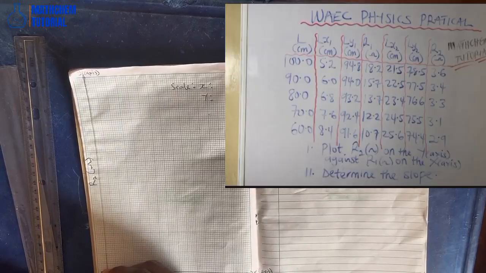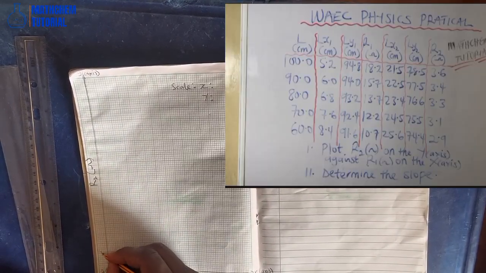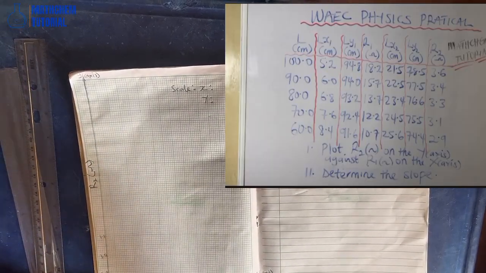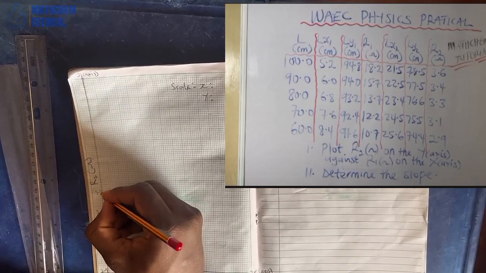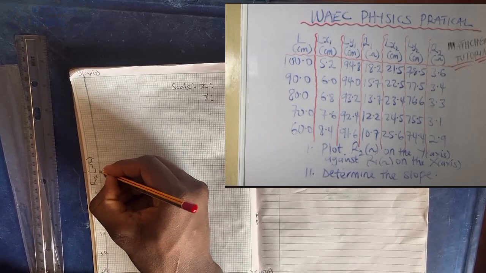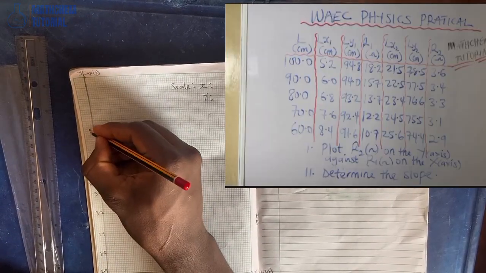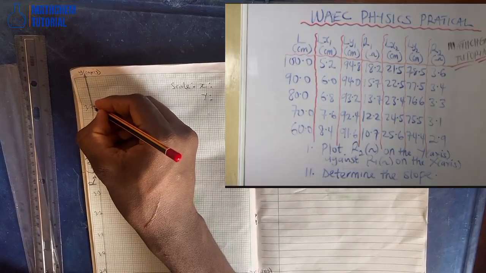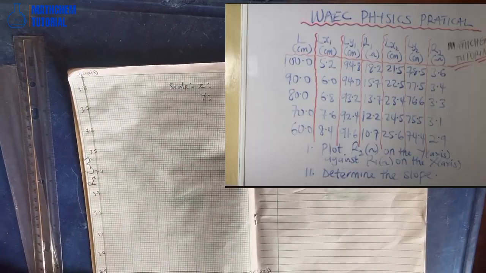So here will be 2.9, the next one here will be 3.0, here 3.1, here 3.2, here 3.3, here 3.4, here 3.5, here 3.6, 3.7, 3.8, and so on.